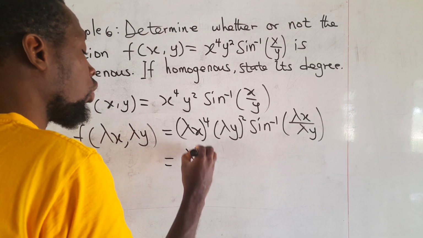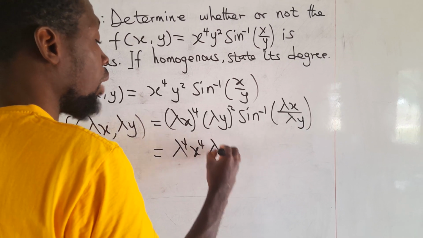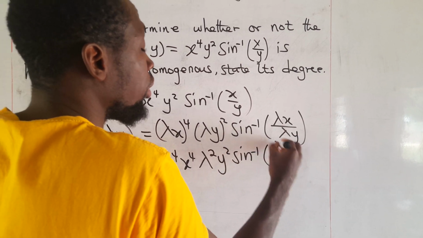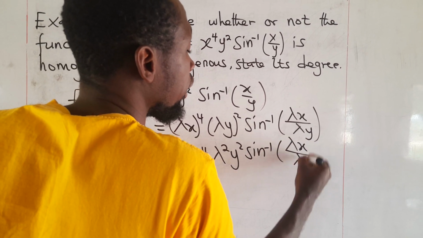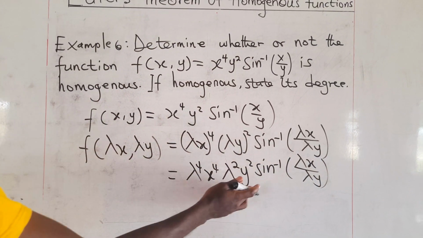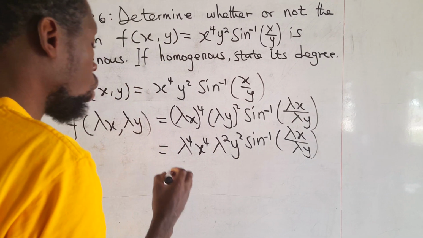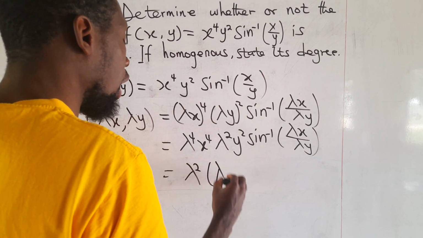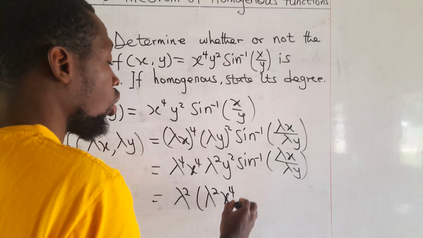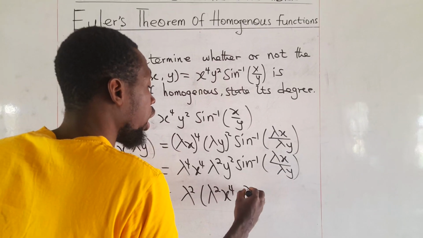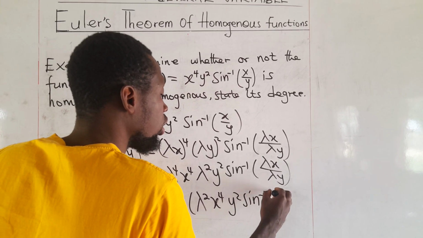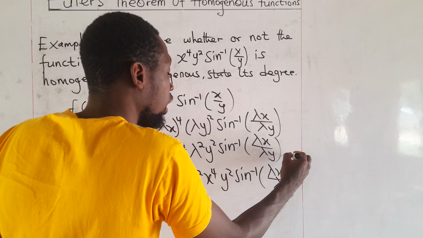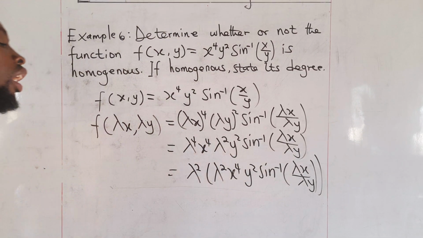So we have lambda exponent 4 x exponent 4, lambda square y square, sine inverse of lambda x over lambda y. Now what is common? You can see that lambda square is common here. Let's try to bring it out. So lambda square will be left with lambda square x exponent 4, then y square sine inverse of lambda x over lambda y. This is an angle, so we don't try factoring out.